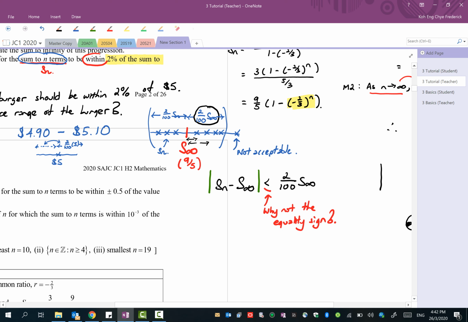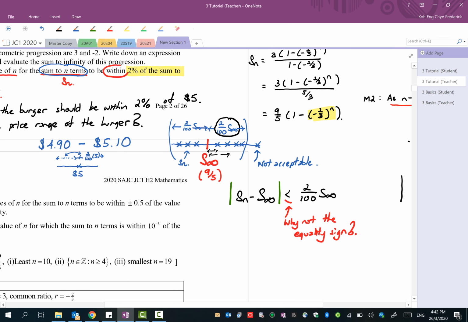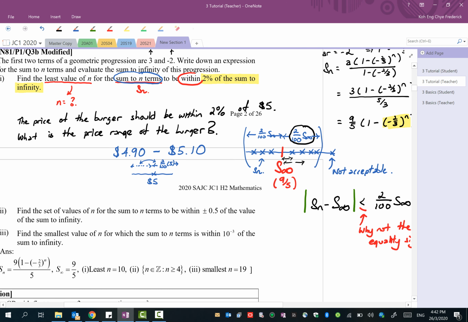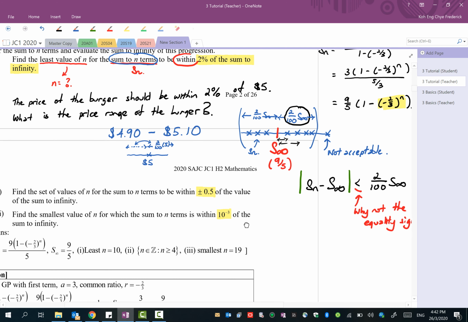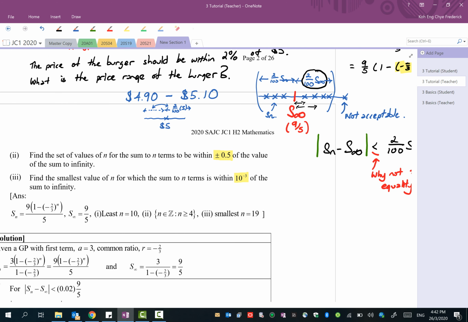Again, English lah. With this in mind, students, you can understand the same reasoning will go for the rest. Just that for the others, rather than it being a percentage, I'll show you the diagram for part 2. It will look something like this. S infinity, and I want it to be plus minus 0.5.